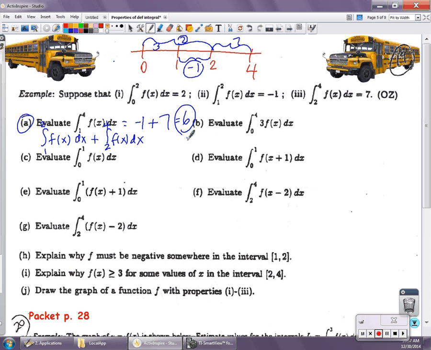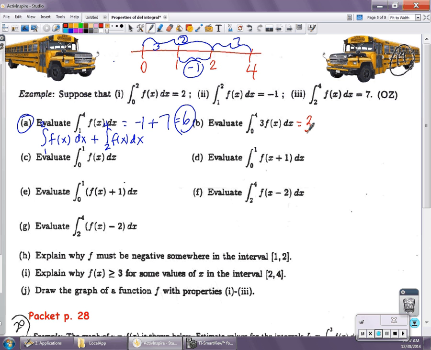All right, let's go on to letter B. I want to change colors of the pen here. In letter B, we're going from 0 to 4 of 3 times f of x. So we can rewrite this. Remember the property that we had about coefficients. We can pull that out front.